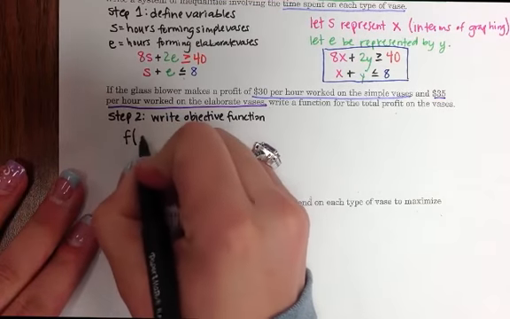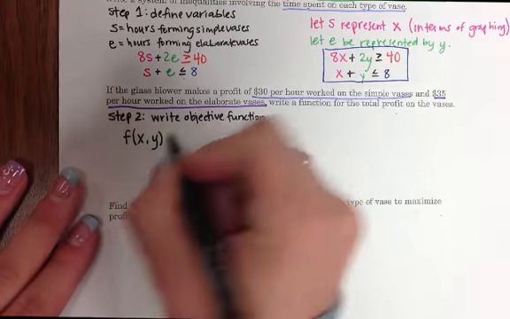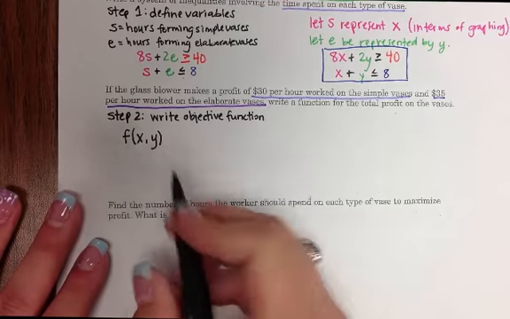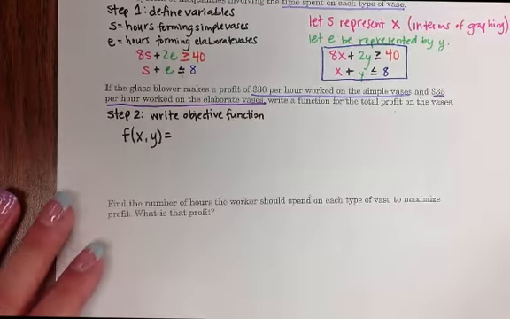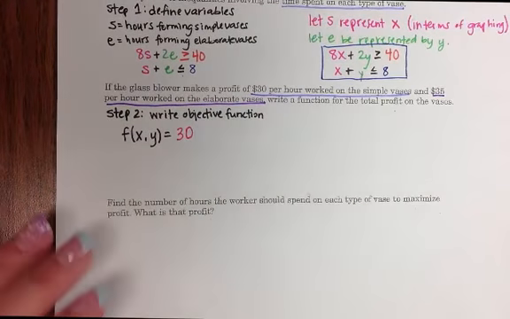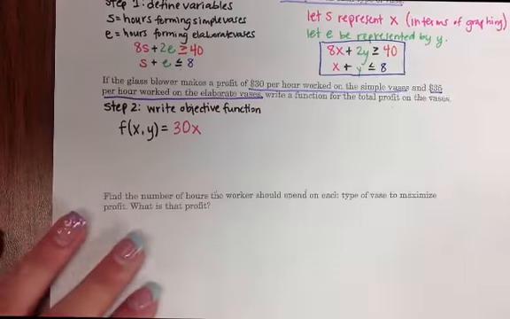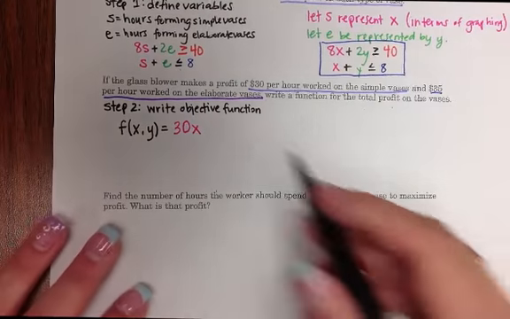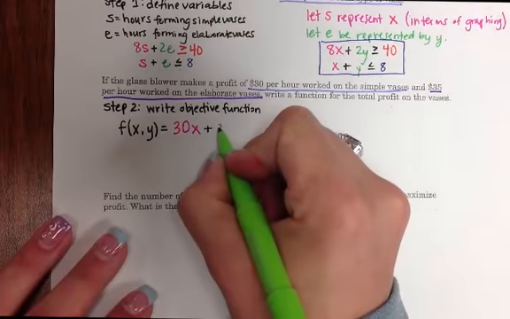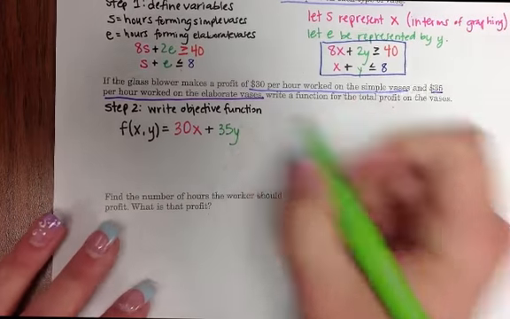So we're going to have f of x comma y, so we're taking into consideration simple vases and elaborate vases, equal to, it costs $30 per hour for simple vases, so we'll represent that with 30x, plus $35 per hour for elaborate, so 35y.